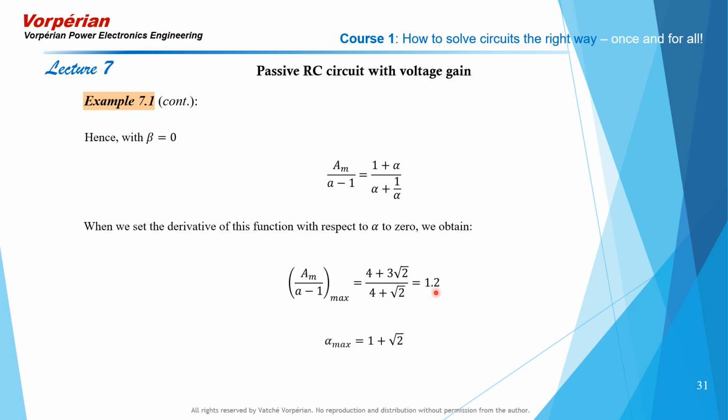We get this by setting the derivative of the function here with respect to alpha equal to 0. That gives us alpha max 1 plus root 2, and when we substitute in the function, we get a value of 1.2. This means that the circuit that we have has a maximum gain of 1.2 at the resonant frequency.